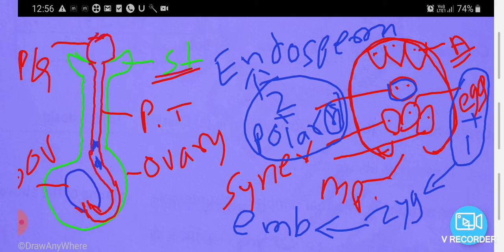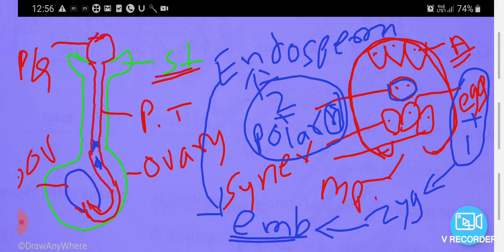This endosperm later on helps in nourishing the developing embryo inside the ovule. So this is how pollen pistil interaction helps in formation of the embryo and endosperm.